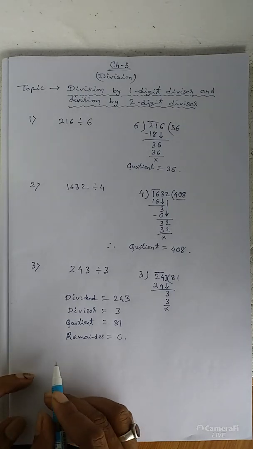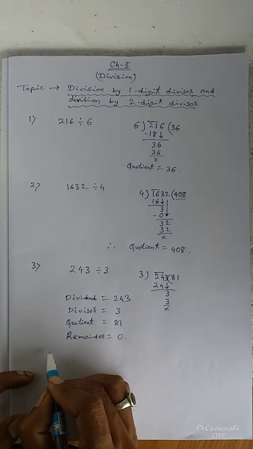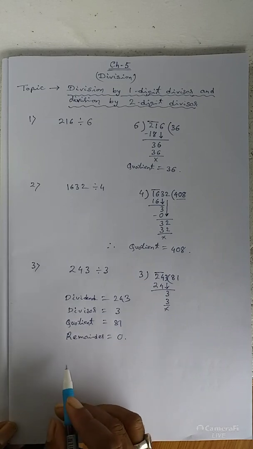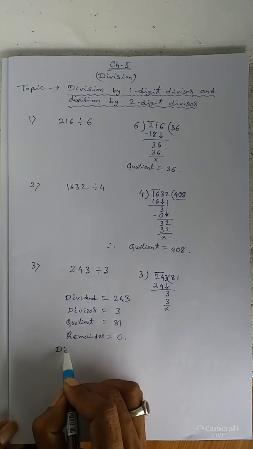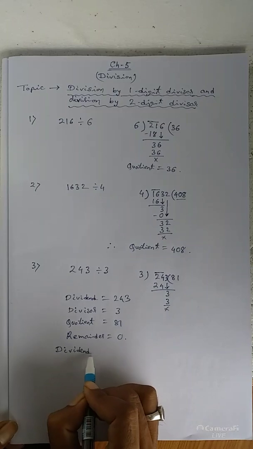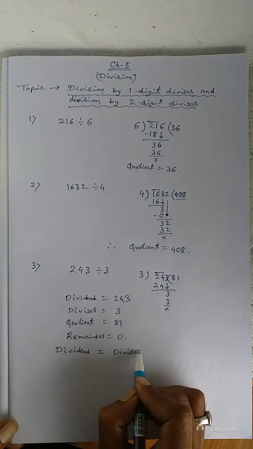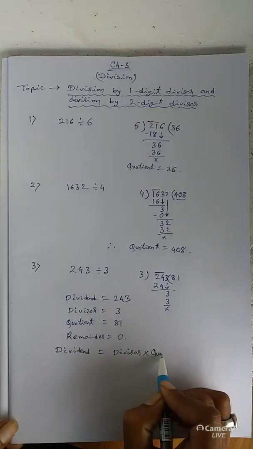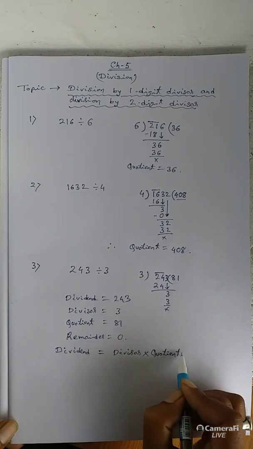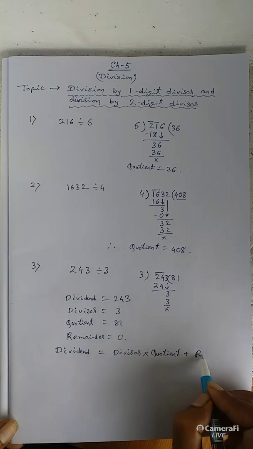Now we can use a formula to check whether the division is correct or not: dividend equals divisor multiplied by quotient plus remainder.